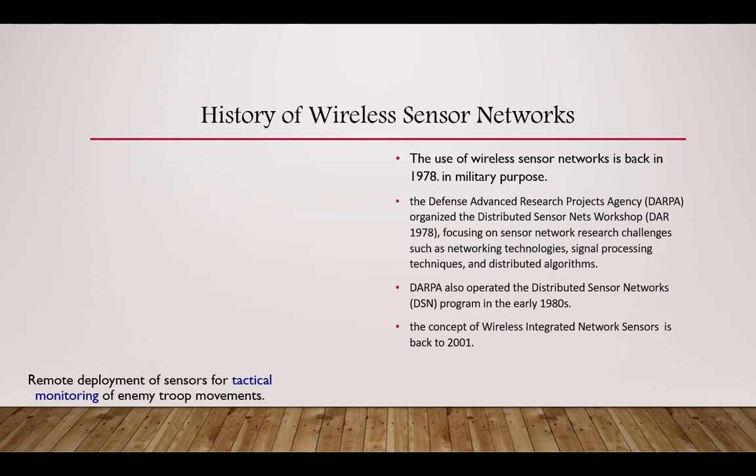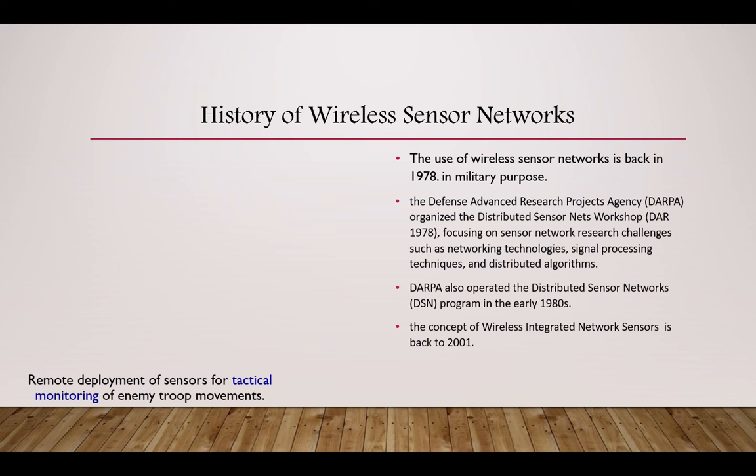The Smart Dust project in 1999 at the University of California at Berkeley focused on the design of extremely small sensor nodes called motes. The goal of the project was to demonstrate that a complete sensor system can be integrated into a tiny device.